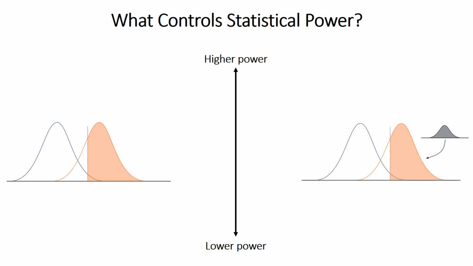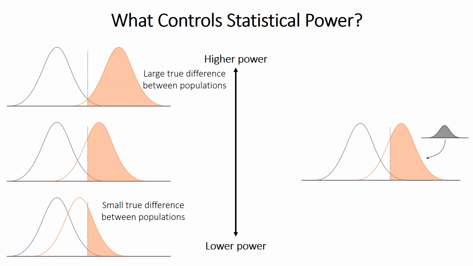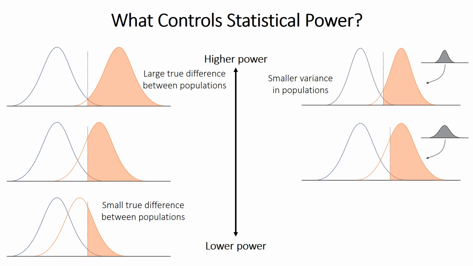So what controls statistical power? Well, for one, if the true difference between populations is smaller, such as in this example, our power to recognize that difference will be lower. Conversely, if the true difference between the populations is larger, the power to recognize that difference will be higher. Similarly, the true variability of the populations also matters.